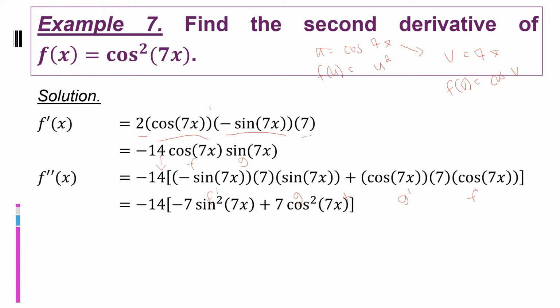Or that is now negative 14 times negative 7 sine squared of 7x plus 7 cosine squared of 7x. Or that is now 98 sine squared 7x minus 98 cosine squared 7x.